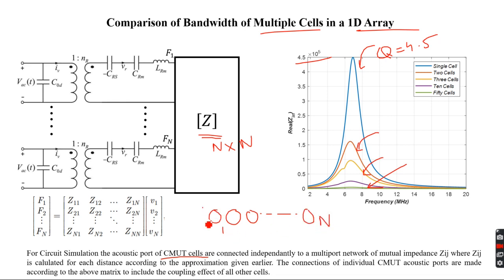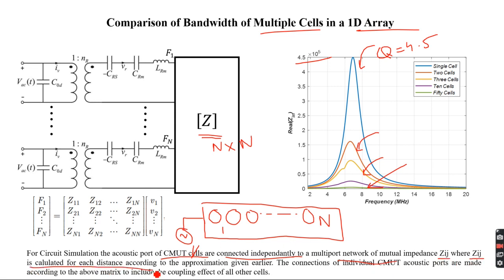This is my 1D array, which I'm going to drive by an AC source. That's it. So they're connected independently to a multi-port network where Zij and Zji are calculated for each distance according to the approximation given earlier. That's Porter's approximation.